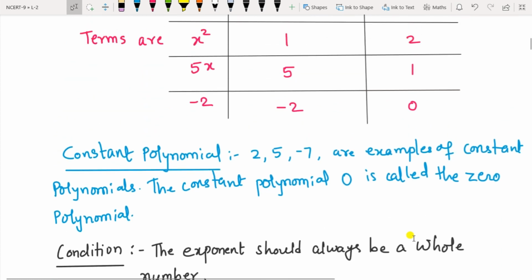Now such terms like minus 2, 2, 5 and 7 are called constant terms. And if there is a single such term, that is a monomial, then it is called a constant polynomial. This constant polynomial has 0 as the degree, or it is also called the zero polynomial.